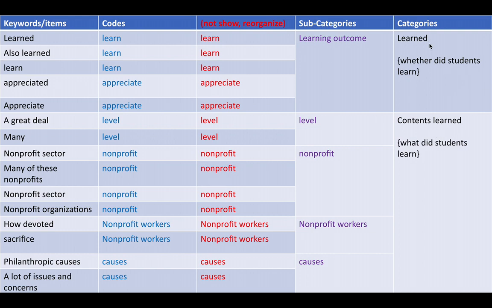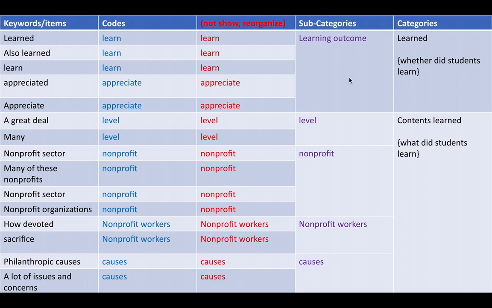So I come up with two large categories that refer to my themes: one is learned, the other is contents learned, right? Think about this, these categories are going to help you answer the research questions. Yes, obviously, so that's my purpose.